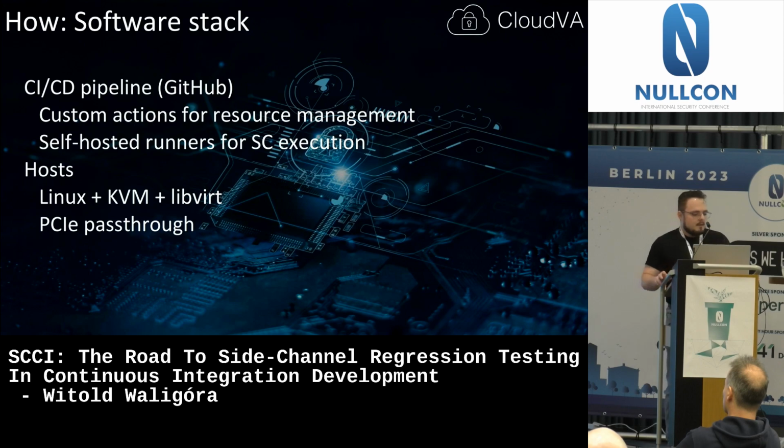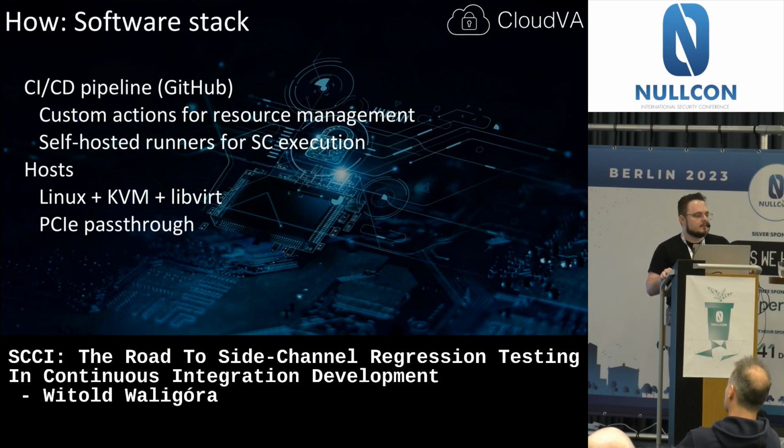Our software, top level, top down, is that we use CI/CD on GitHub or GitLab. We operate on GitLab actually, but GitHub is more popular, so we have bindings also for GitHub. We have custom actions for resource management.